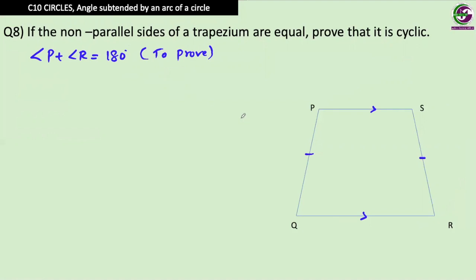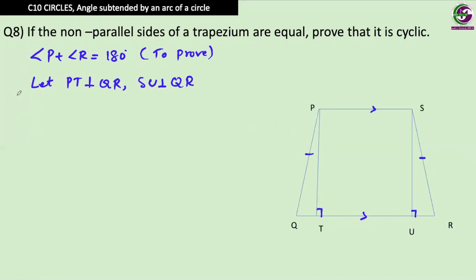For that, let us take a construction. Draw a perpendicular from P to QR, which meets at T, and a perpendicular from S to QR, which meets at U. So these two are perpendiculars. Let PT be perpendicular to QR and SU perpendicular to QR. It's a construction.